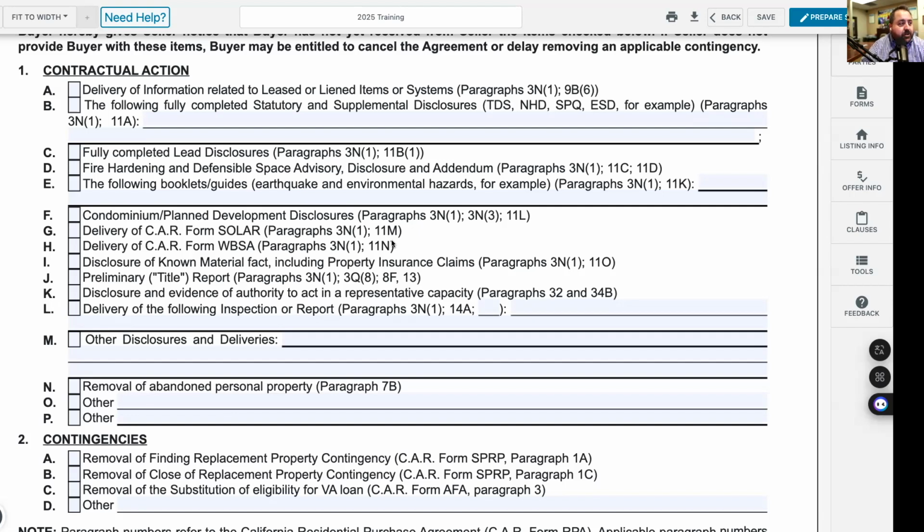Any disclosure of material fact, including property claim or insurance claims, the preliminary title report, disclosure for the representative capacity, right? We talked about that. And then any inspection reports.